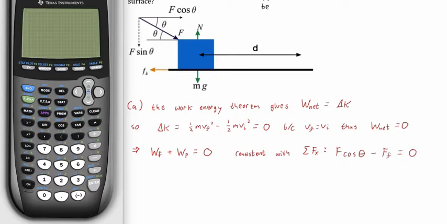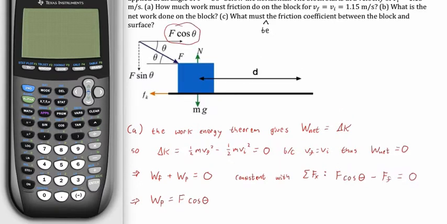Okay, and then we can see that if we take a look, for example, here at the work of pushing. Now the work of pushing is actually easier to calculate. I'll sort of set up both, but I'll continue with the work of pushing. So it would just be the force of pushing, which we'll just call F as before, times cosine theta. Basically what I'm doing there is I'm just taking the magnitude of the x component of force.